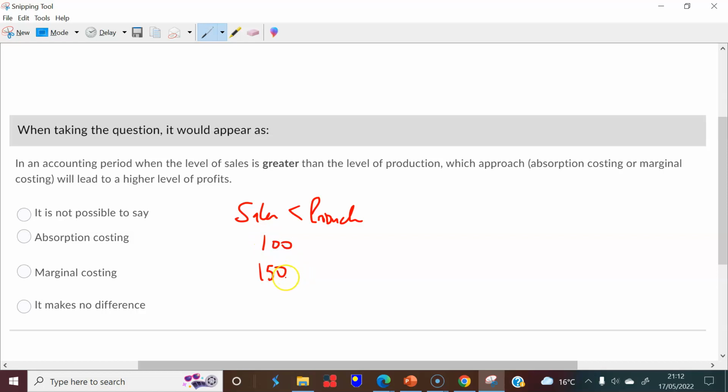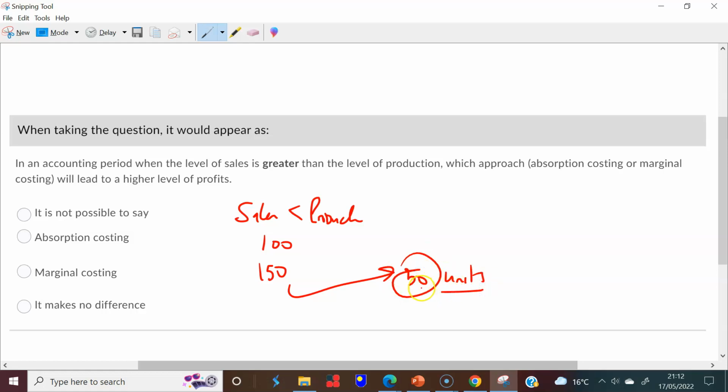With absorption costing, you will carry through to the next period stock of 50 units, right? So these 50 units in absorption costing will take some of the fixed costs from this period into the next period. That's the point, right?